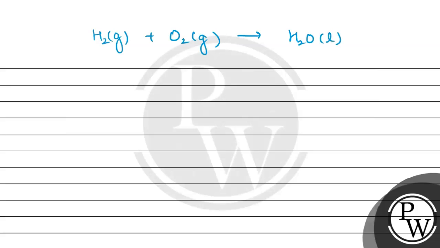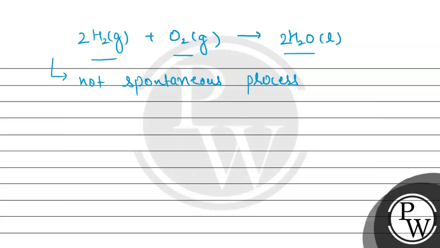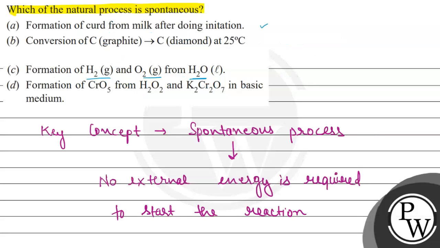This is in the liquid form and for this process इलेक्ट्रिकल डिस्चार्ज की रिक्वायरमेंट होती है so that hydrogen और oxygen जो है convert हो जाए into the water. So this is not the spontaneous process, ना ही ये natural process है because it needs the electric discharge that can convert the hydrogen and oxygen gas into the water liquid.